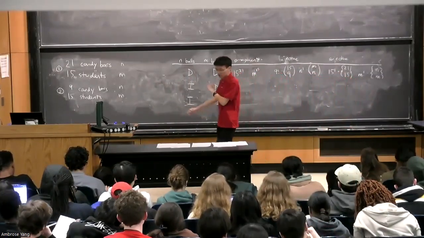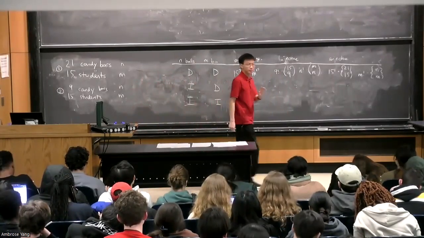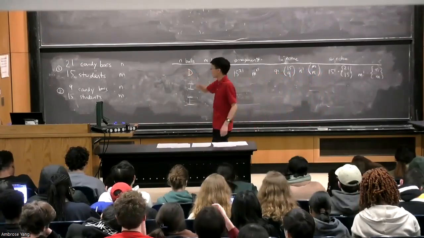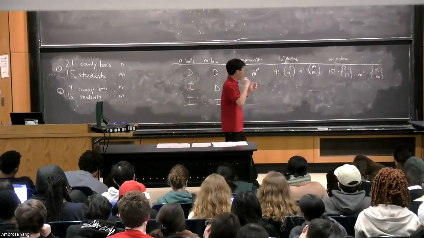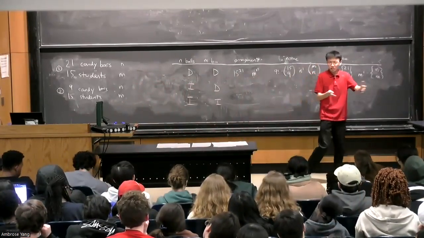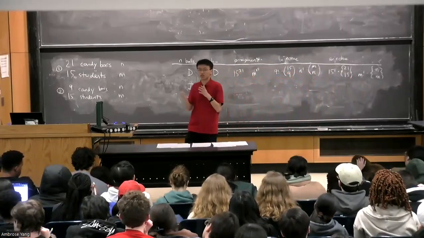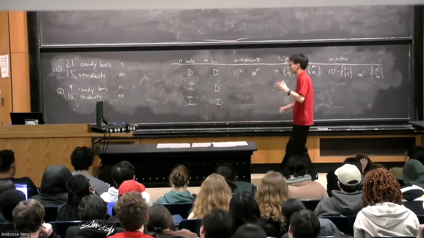And so this is in effect a balls and bins problem. I've got these 21 indistinguishable balls and 15 distinguishable bins. And how am I going to put them in? This is your standard stars and bars, balls and urns, balls and bins kind of problem.